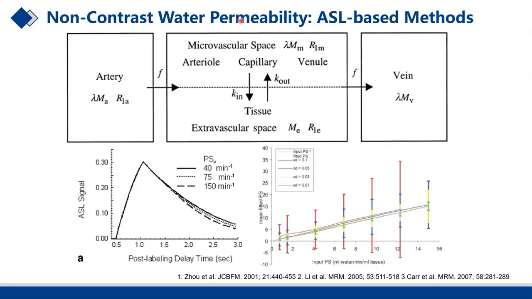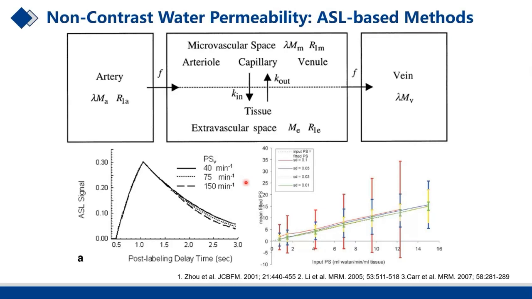However, this is not feasible because the SNR of ASL is just so low, right? And this fitting is dependent on the T1 difference of the blood and the tissue, and that is pretty small. So you cannot just use a multi-delay ASL to fit for this. So many groups have proposed to separate the ASL signal of the two compartments by other different properties between these two compartments.